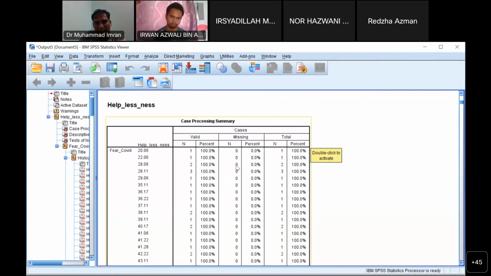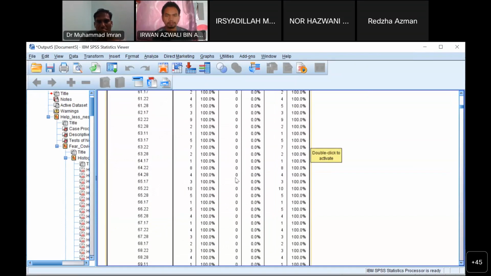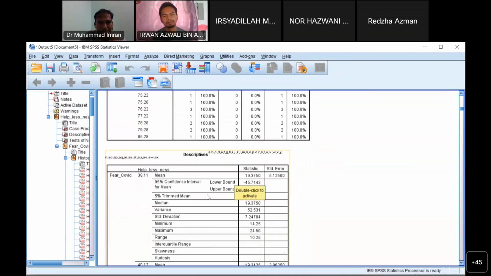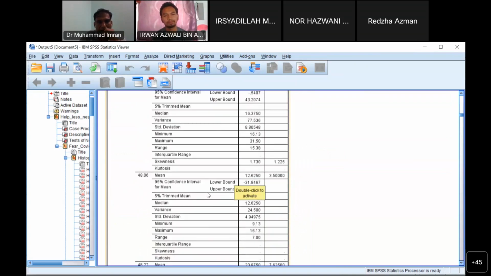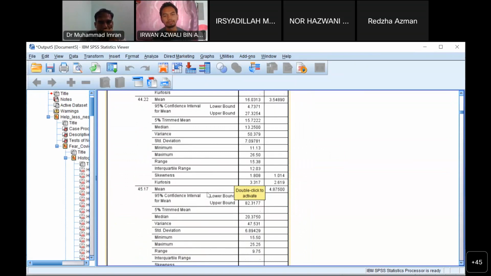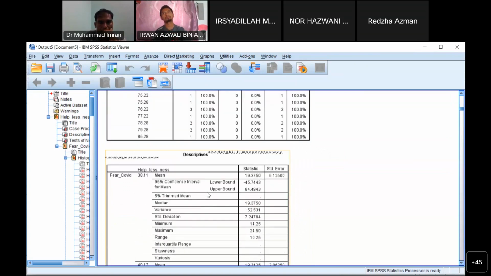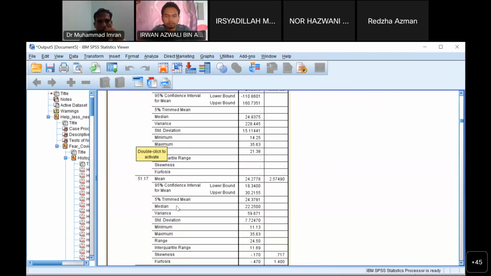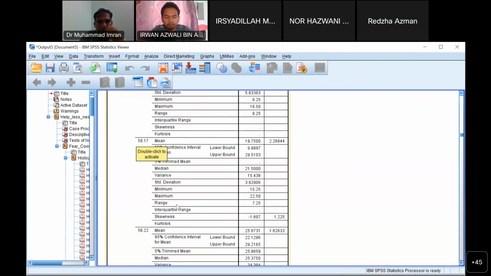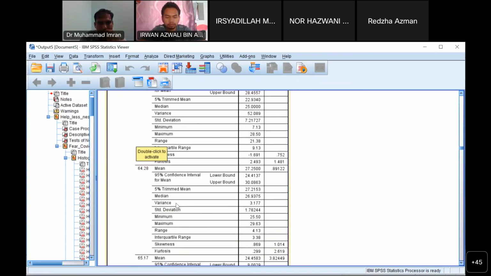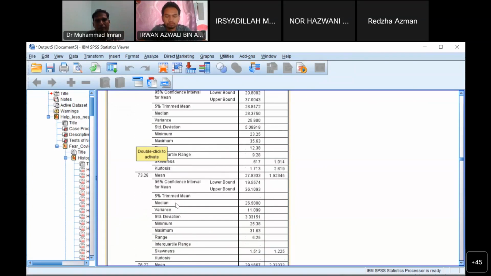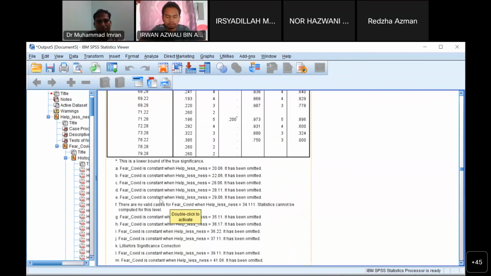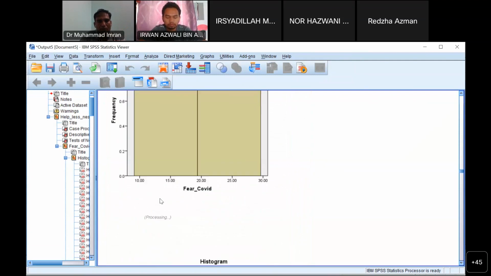Missing values you can also see here. Anyway, this is not our main concern. Our main concern is here: descriptive, helplessness. Calculating.